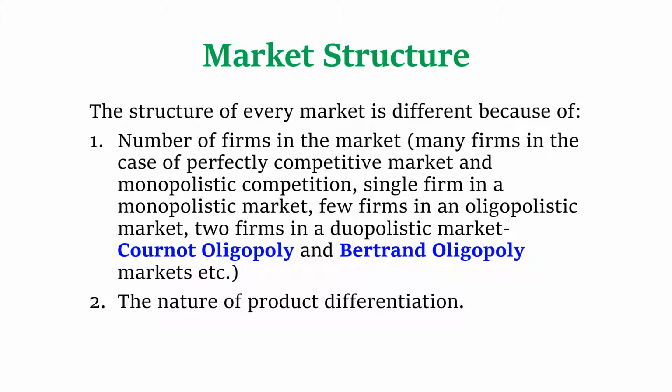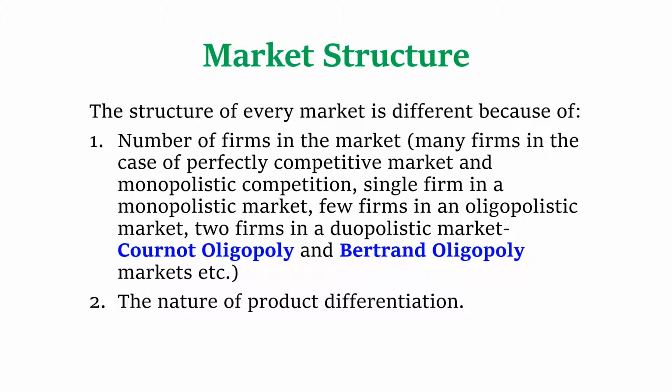So you have the case of an oligopolistic market. One typical example is a duopolistic market where we have only two firms, as in the case of the Cournot oligopoly and the Bertrand oligopoly. So we're going to take a look at these two later.